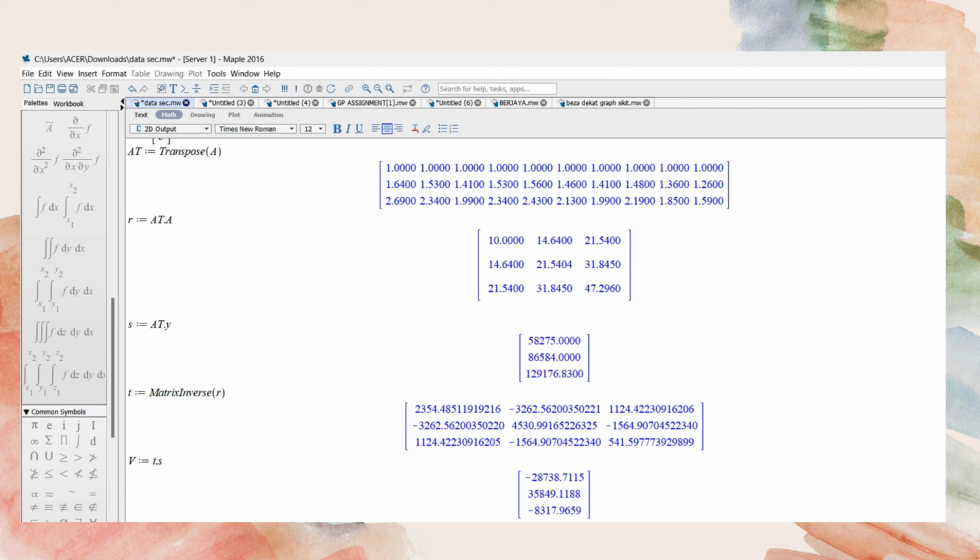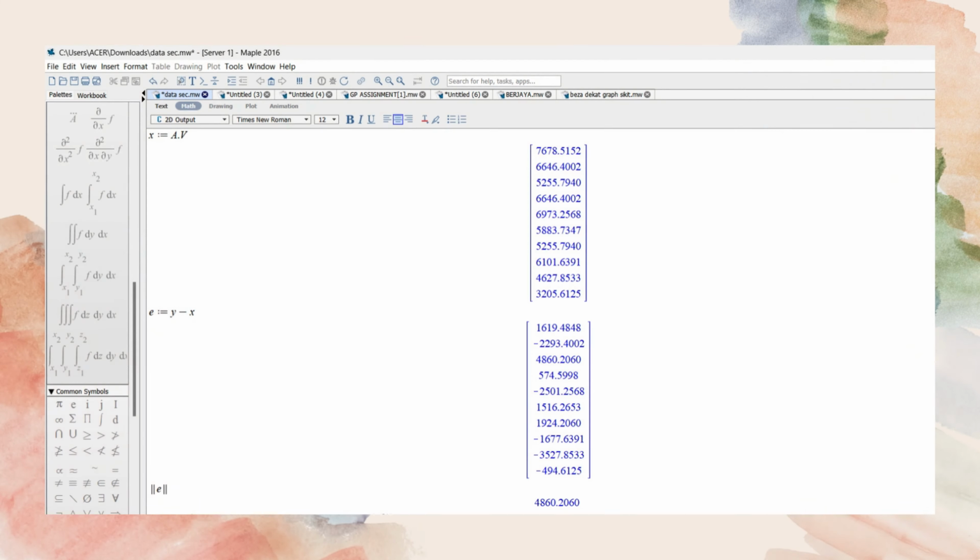To find V, we compute the product of the inverse of R, which is matrix T, with vector S, and assign the result to the variable V. And then we calculate the product of matrix A and vector V and assign the result to the variable X. This vector X represents the least square solution to the system of equations.